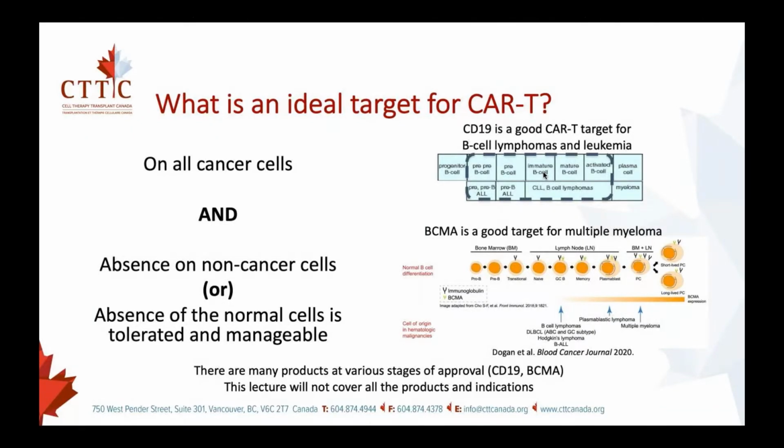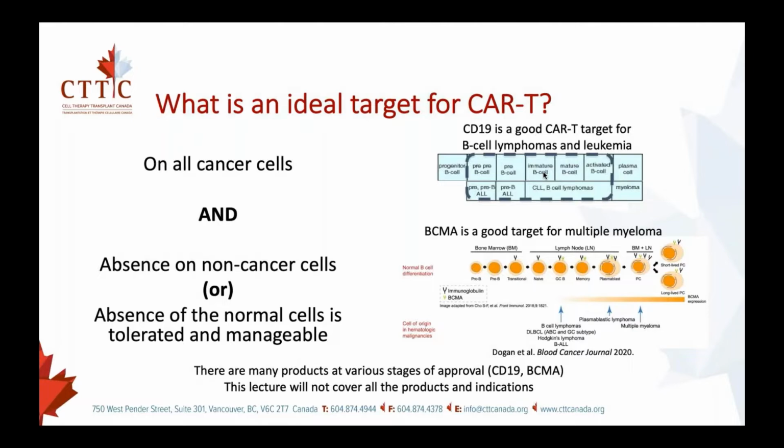So the furthest advances with CAR T cell therapy have been targeting 2 different antigens: something called CD19 on the surface of B cell cancers, such as diffuse large B cell lymphoma and B cell acute lymphoblastic leukemia, and BCMA, or B cell maturation antigen, which is a target on multiple myeloma.